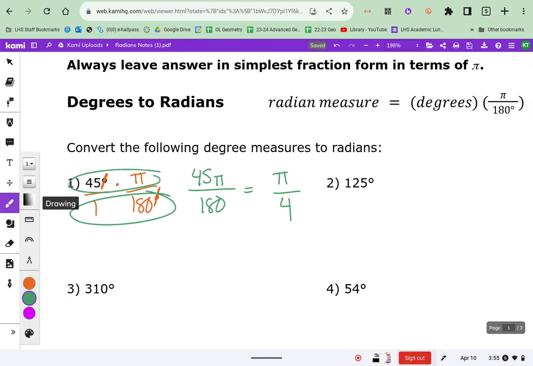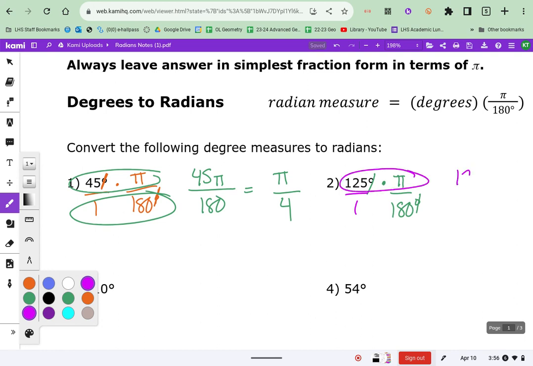So if we do the same thing again, I'm going to multiply by pi over 180 degrees. Since I have a degree on the top and the bottom, they cancel, and I'm left with my unit of radians. For fractions, I multiply across the top, so 125 pi, and multiply across the bottom, 180. So now I'm going to simplify this fraction, which means I'm going to type into my calculator 125 divided by 180. Now when I do that, it's going to give me a decimal, but I need it back in a fraction.